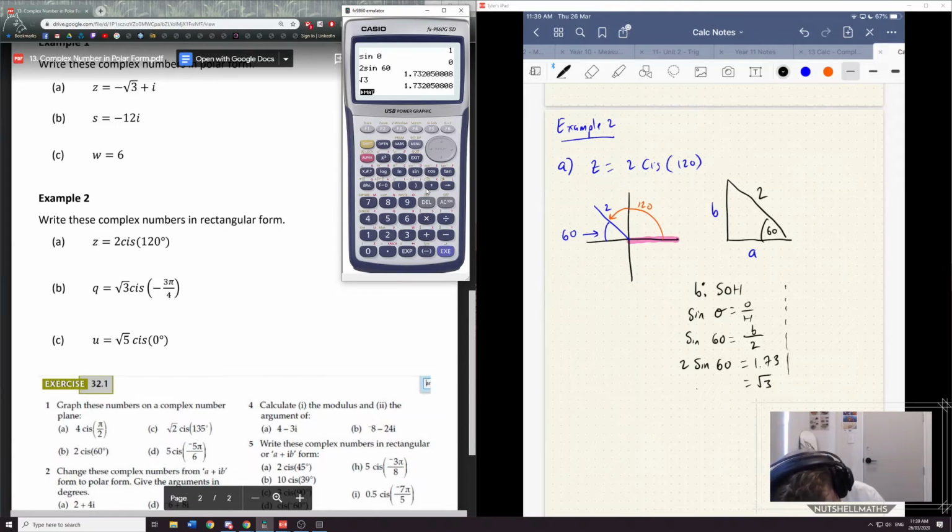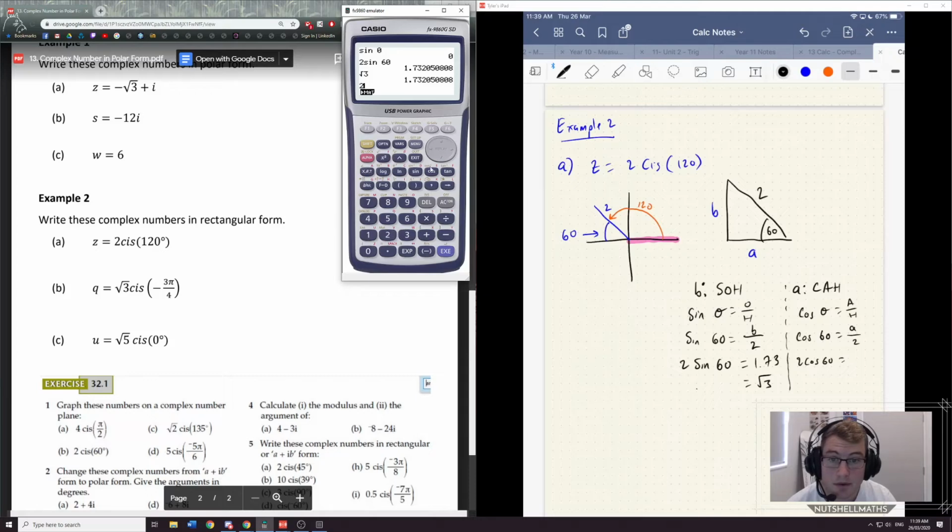And I can also look at a. Cos theta is a over H. Cos of 60 is a over 2, so 2 cos 60. 2 cos 60 is 1.